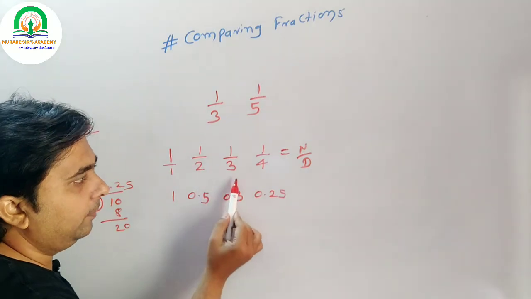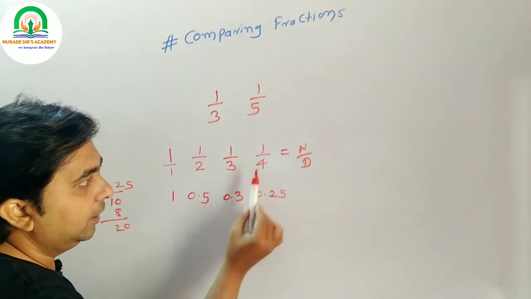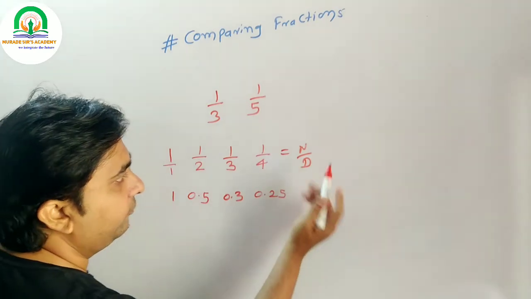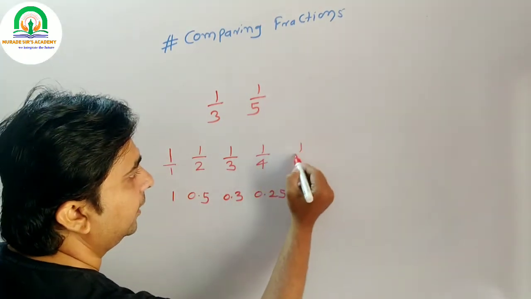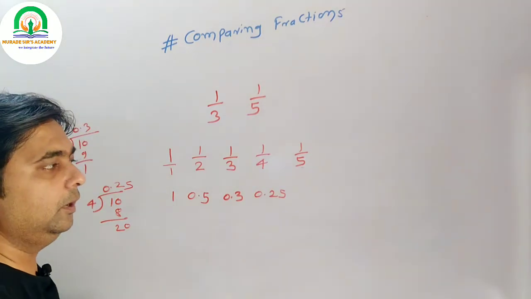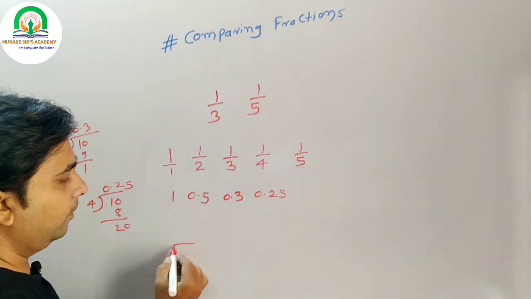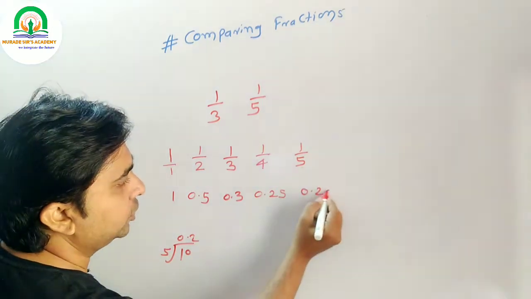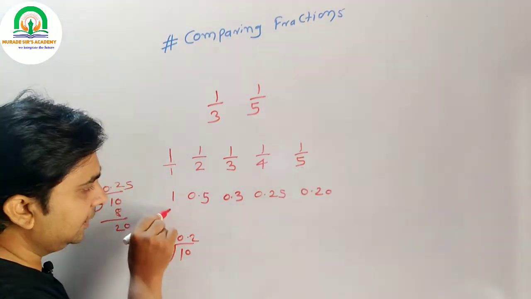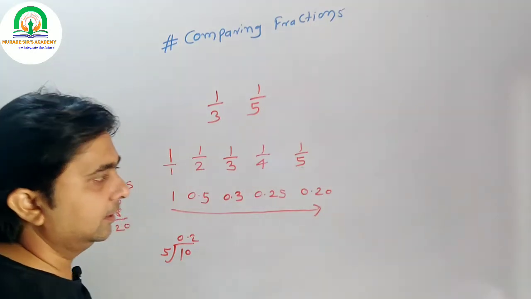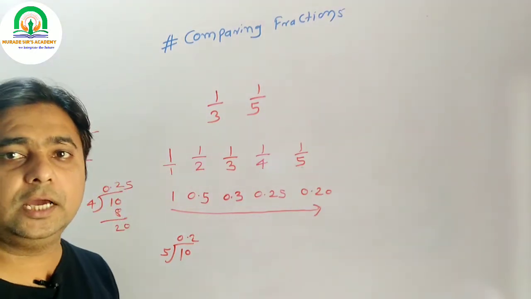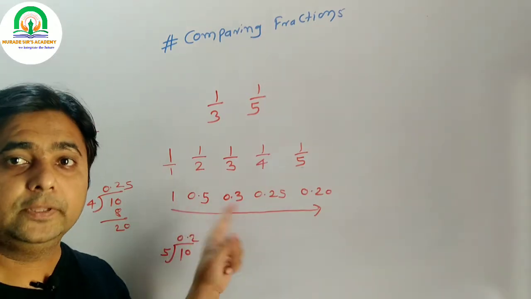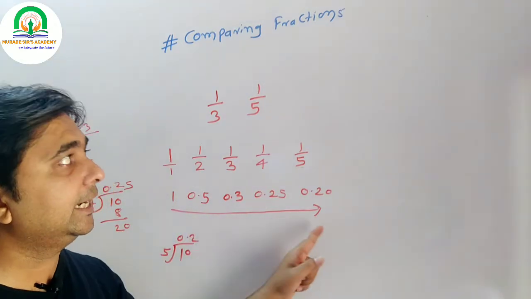To 3, then 0.3. To 4, then 0.25. To 5, 1 divided by 5 is 0.20. So the value is decreasing. If I increase the denominator and the numerator is the same, then the value is decreasing.